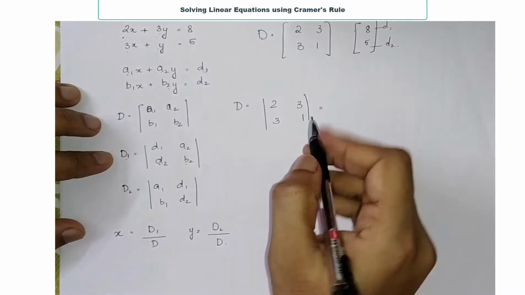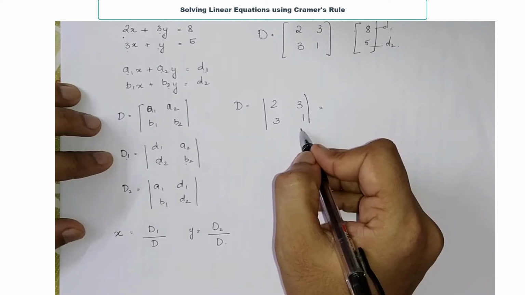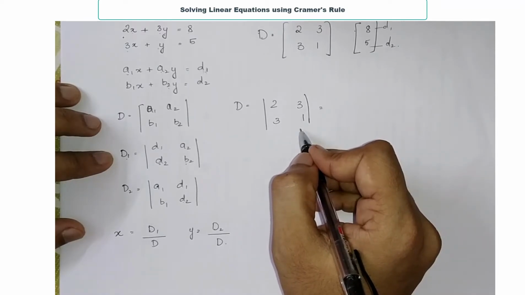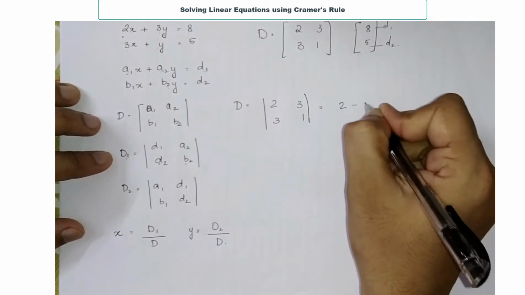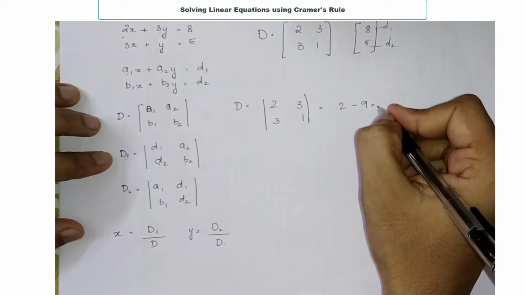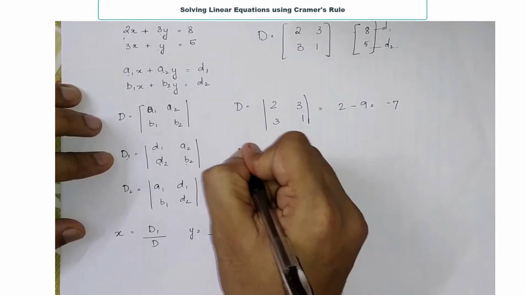Okay, so you found this particular matrix. Find the determinant of 2, 3, 3, 1, and you get 2 into 1 is 2, minus 9, so it is actually minus 7. Now what is D1?